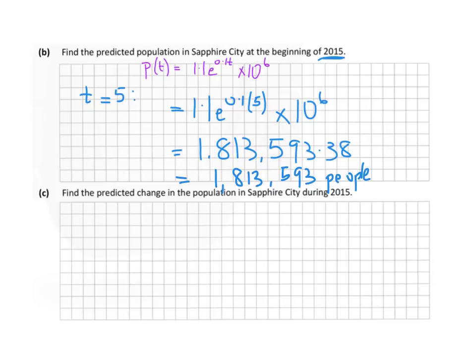Now in the next question, I am asked to find the population change. I'll just move that red box. To find the predicted change in the population in Sapphire City during 2015, well, I know the end of 2015 is really the same as the beginning of 2016.